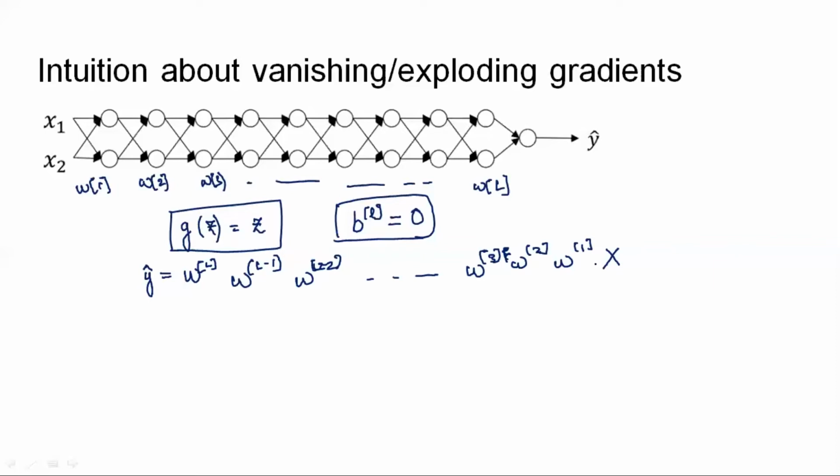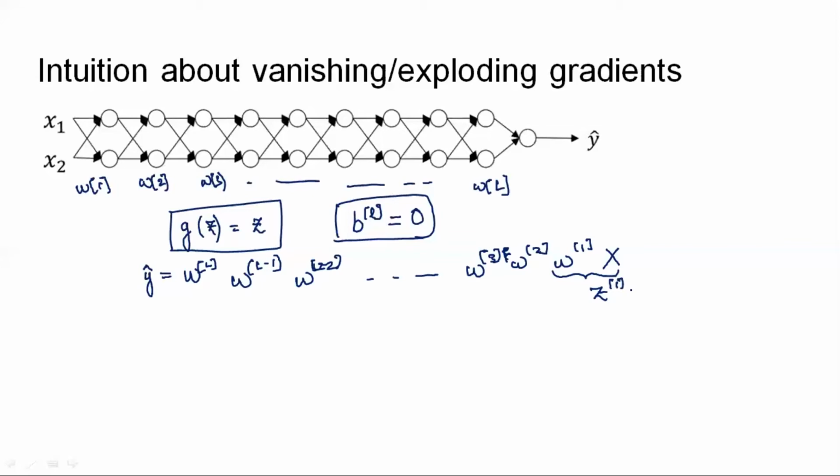Now what is the significance of writing this predicted outcome? I'll explain it here. What is basically W1 into X? If you have seen my previous video lectures, you can see that W1 into X corresponds to our Z1.